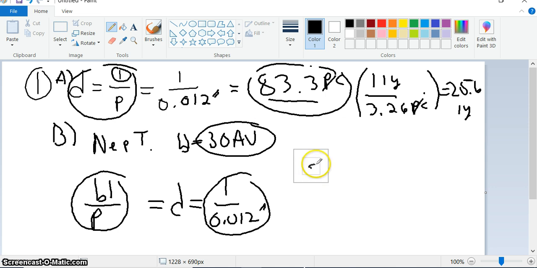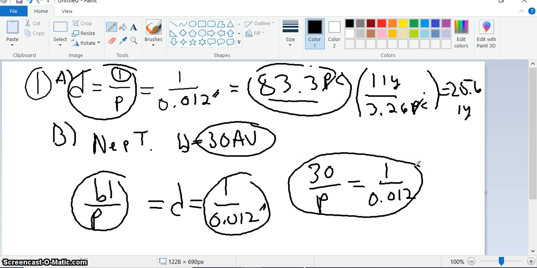So here's what it looks like. 30 over the parallax from Triton is going to equal 1, which is of course the 1 astronomical unit, divided by the parallax as seen from Earth, 0.012. And so really you just have one unknown in that equation, and that's the parallax. You do a little algebra with it. The p comes over to the left hand side, the 0.012 goes over to the right hand side.